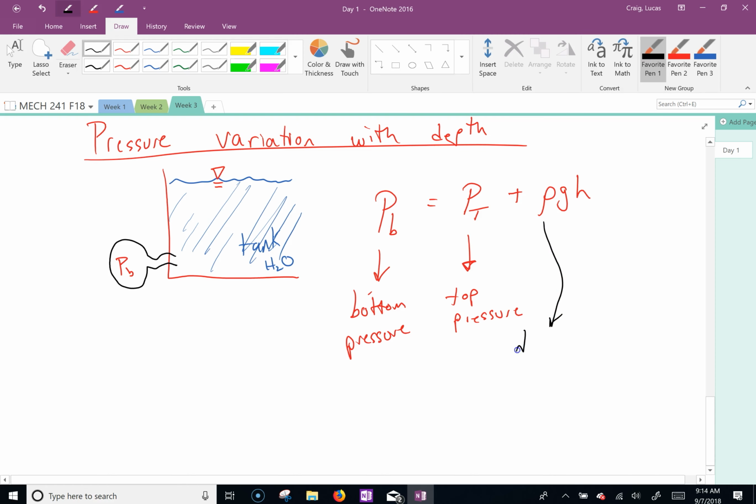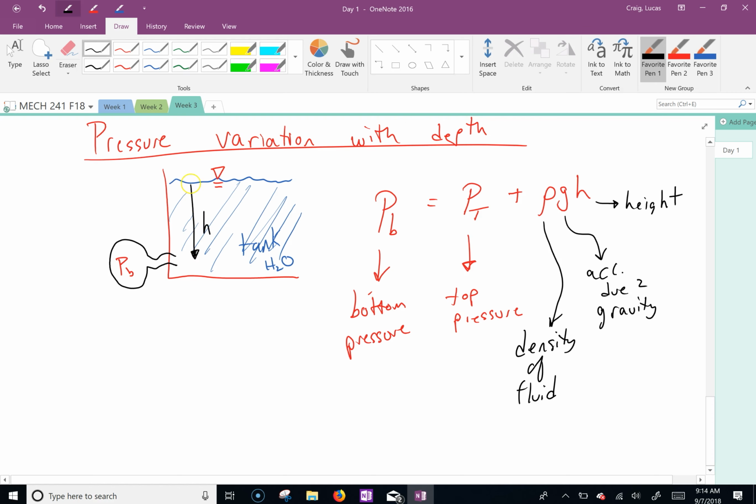This is the density of your fluid, this is acceleration due to gravity, and then this is your height. So you can label that on here, h.